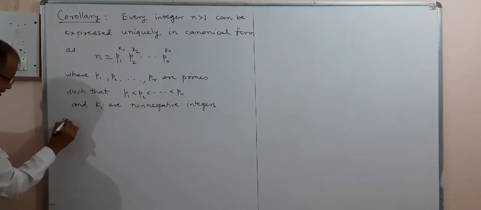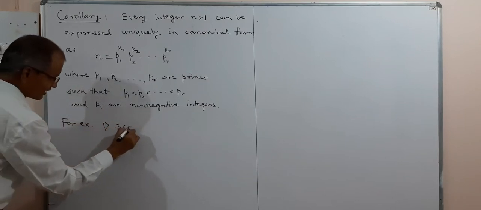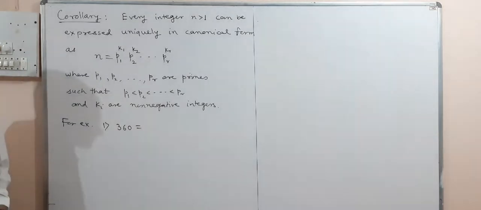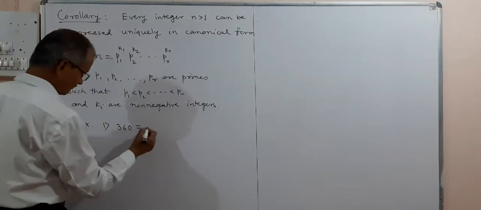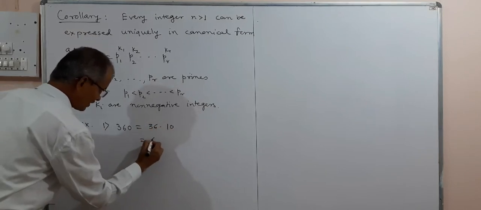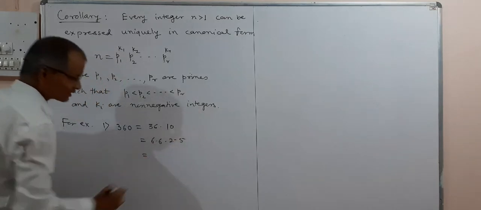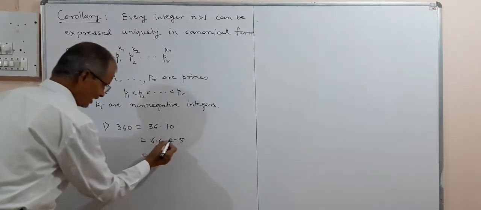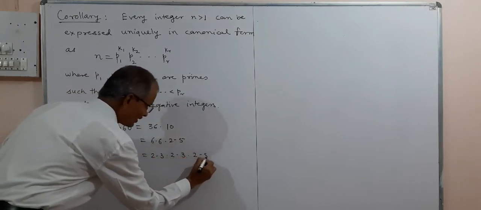For example, suppose 360. We can factorize it first as 36 into 10, then this may be written as 6 into 6 into 2 into 5, or further, 6 is 2 into 3, and thus this is 2 into 3, 2 into 3, into 2 into 5.